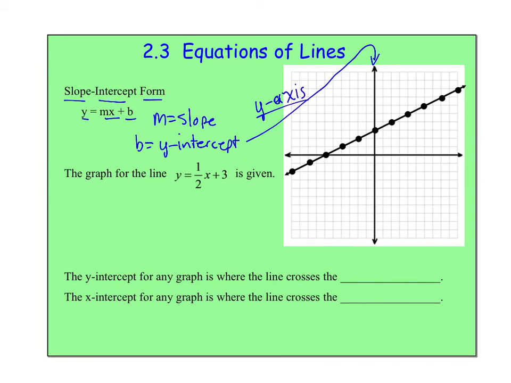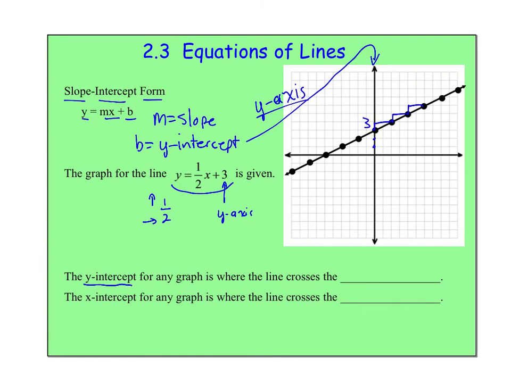So you have the graph here, y equals 1/2 x plus 3. It crosses the y-axis at 3, and it has a slope of 1/2. That means it's going to go up 1 over 2, up 1 over 2, up 1 over 2.